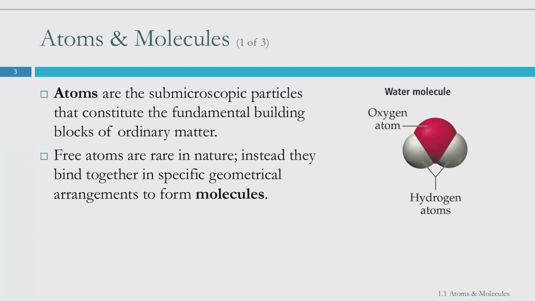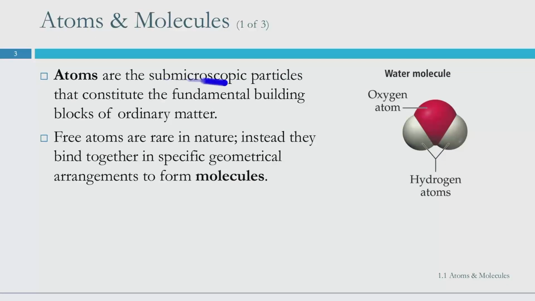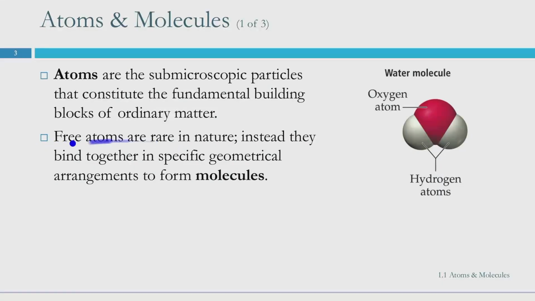So what are atoms? Atoms are submicroscopic particles, smaller than you can see on a normal microscope, that constitute our fundamental building blocks. These are the one-by-one Lego brick of the universe. They are very, very small. Free atoms are rare in nature. It's usually not just one thing from the periodic table showing up by itself in nature.